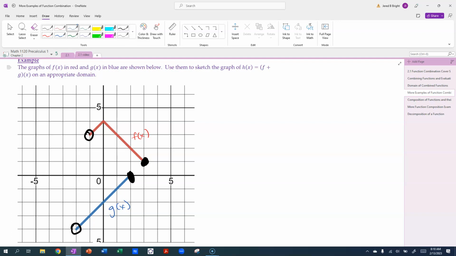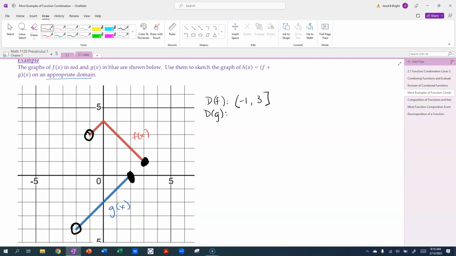I want to handle the domain bit first, just for my own sake. If I look at the domain of f, it says here this is -1, with a parenthesis, an open dot, and then that would continue until 3 with a bracket.